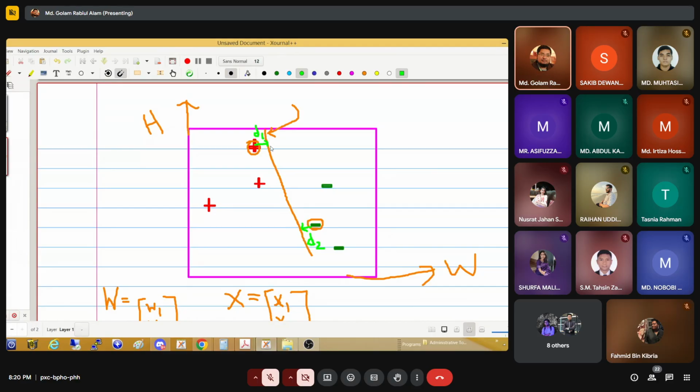As we can see, we should place our separator at the middle. It means that d1 equals d2.